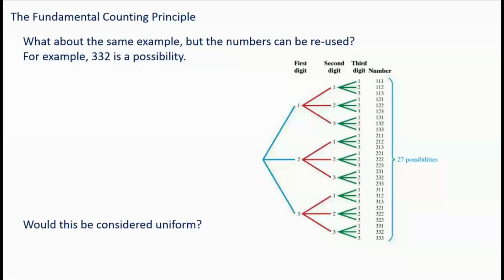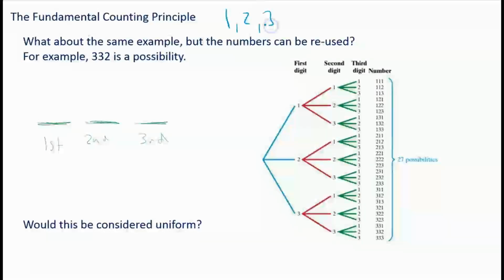Now, since this is uniform, I'm going to tell you in just a minute, you can use the multiplication principle. To pick a 3-digit number, there are 3 tasks. You pick the first digit, the second digit, and the third digit. How many ways could we pick the first digit? Remember, we're using the same numbers, 1, 2, and 3.